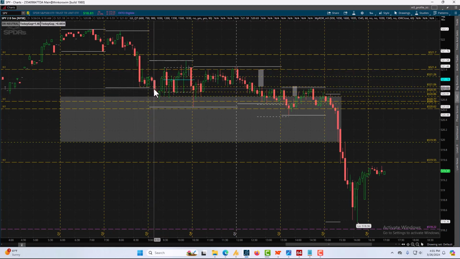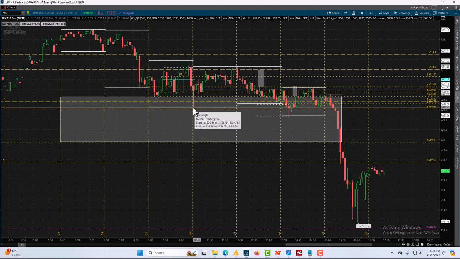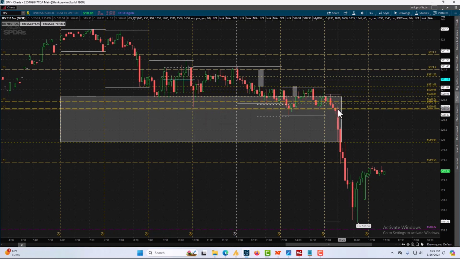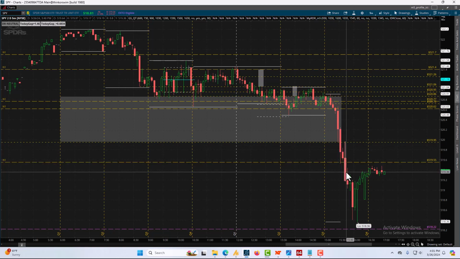So it broke that with another bearish breaker. See that? And we have another bearish breaker here. And when it breaks that level, it's huge. It moves very huge right here.